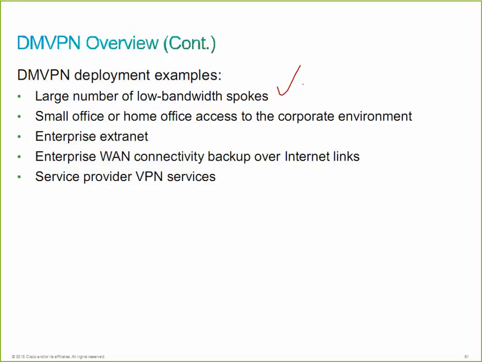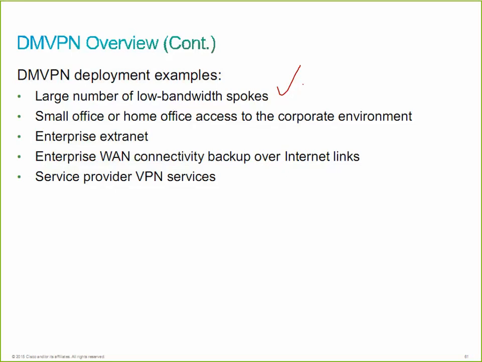Now, the nice thing about this, because we do multicast, because we do broadcast, because we do unicast, we can support voice over IP. We can support spoke-to-spoke voice traffic if necessary. If I want to place a phone call from one small office or home office to another small office or home office, I can support that using a spoke-to-spoke voice tunnel. Okay?